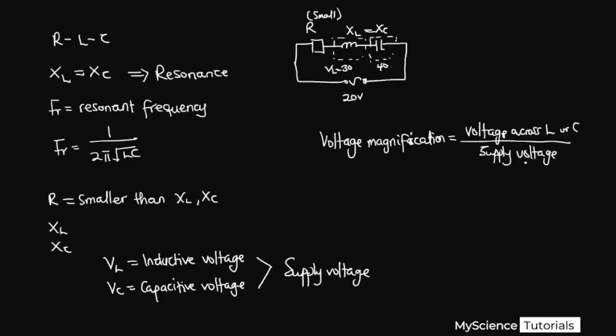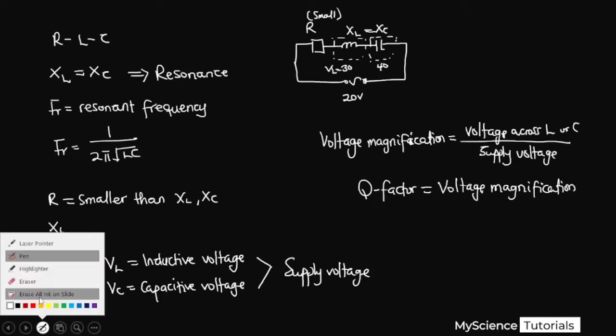Now let's look at some calculations or how we can derive an actual formula that we can use for our Q factor. Like I said, the Q factor is equal to our voltage magnification. So let's look at how to derive a formula for voltage magnification.